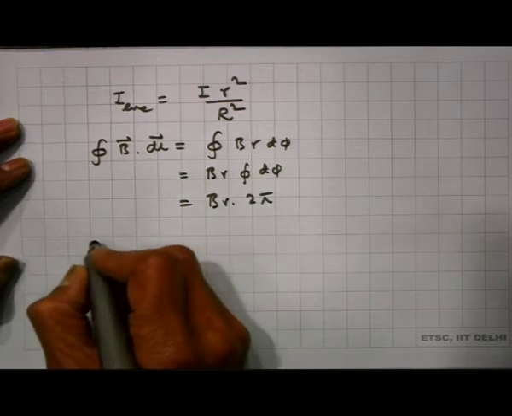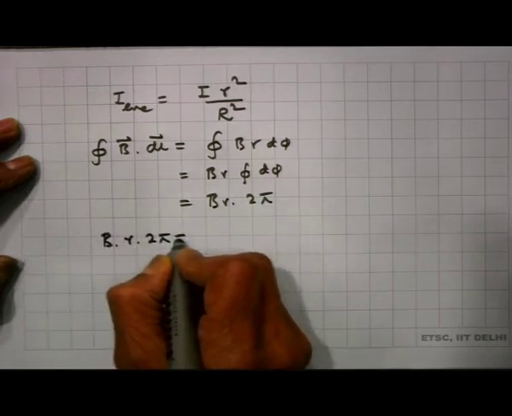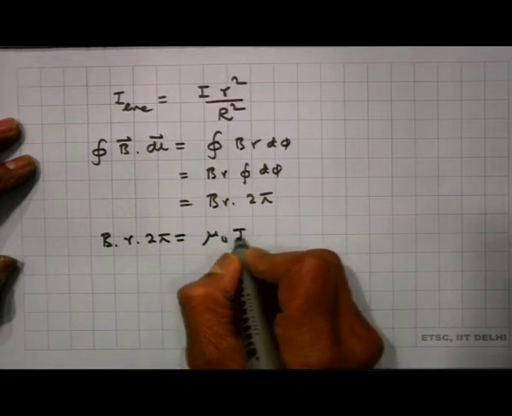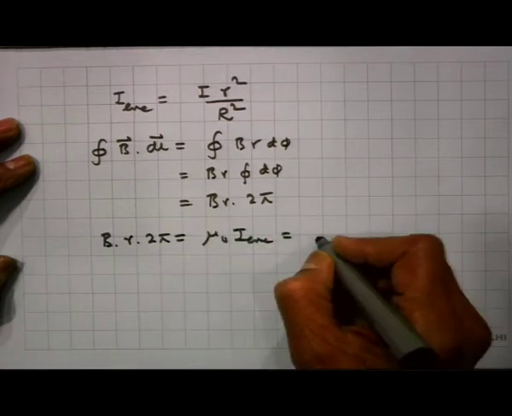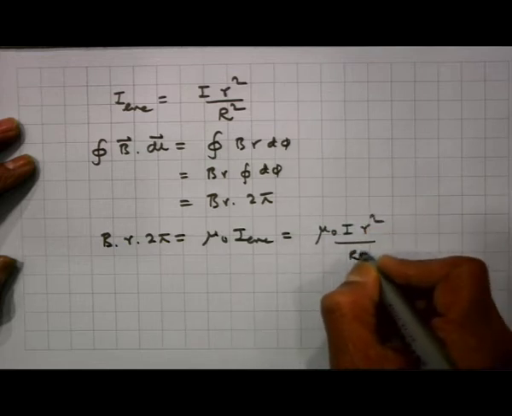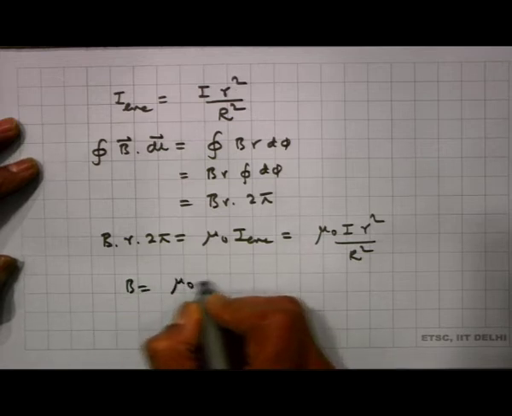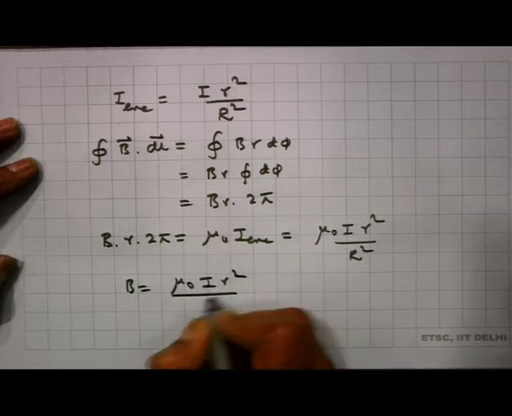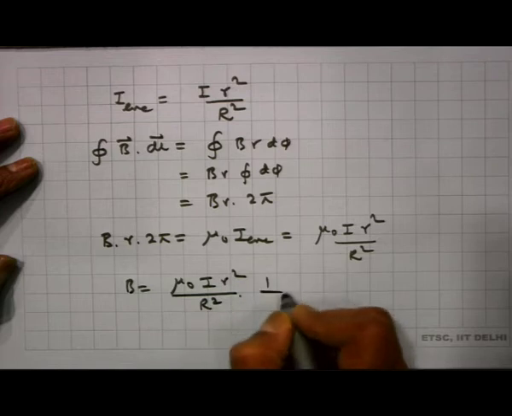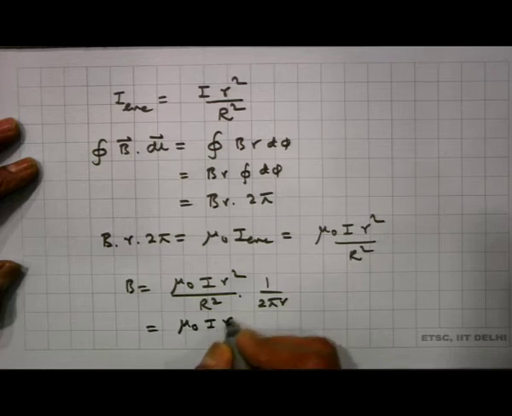So, using Ampere's law, B times r times 2 pi is equal to mu naught times I enclosed, which is mu naught I r square by capital R square. So, B is equal to mu naught I r square by R square into 1 by 2 pi r, which is nothing but mu naught I r by 2 pi R square.